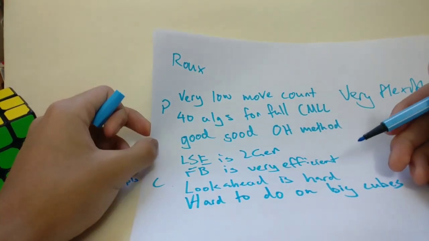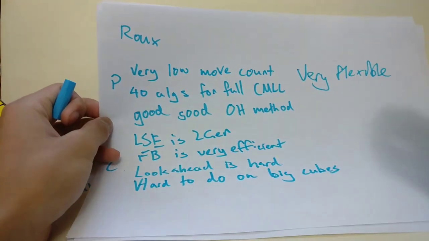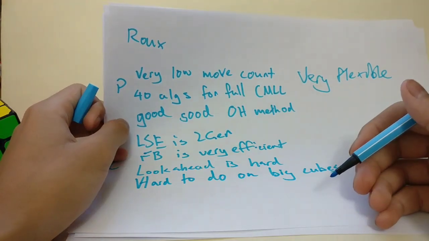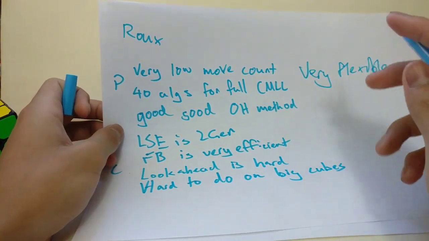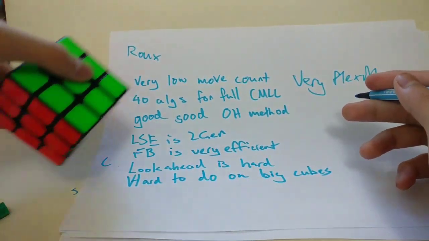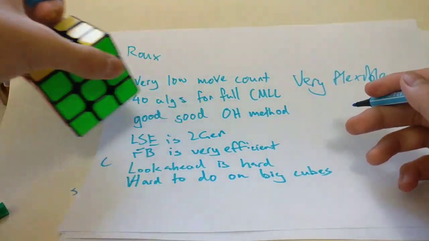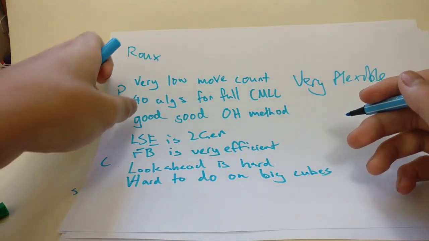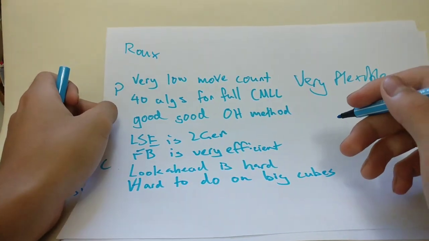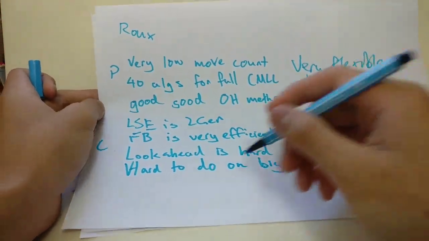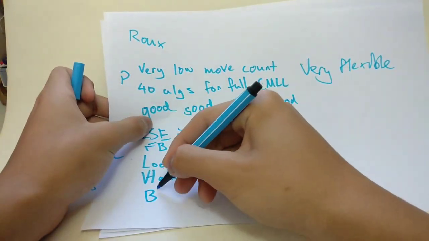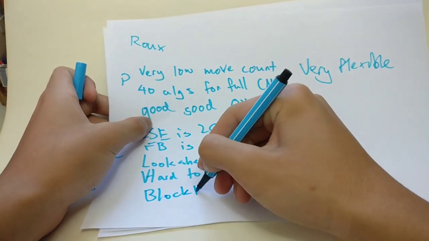M layer is also hard to do when beginning, but I'm not gonna state that because it's not that much of a big deal. Because I started off with a terrible M layer, but it gradually got better. So, if at the start, block building is very difficult.